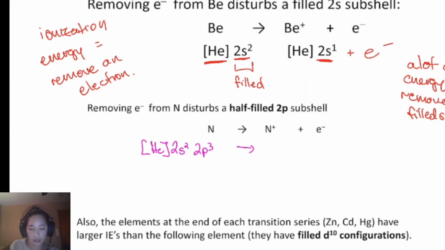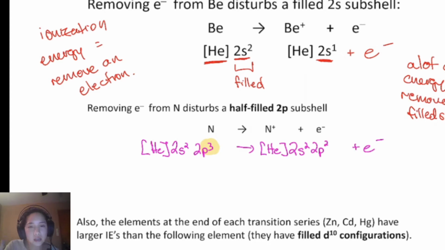If we remove an electron, we're going to remove it from its valence shell, probably from the 2p orbital. So the new electron configuration for our cation will be 2s2, 2p2.